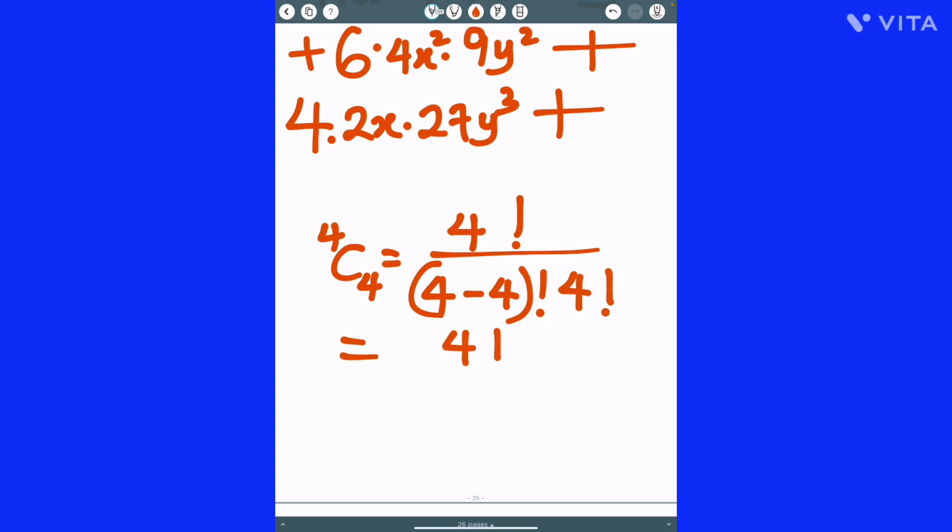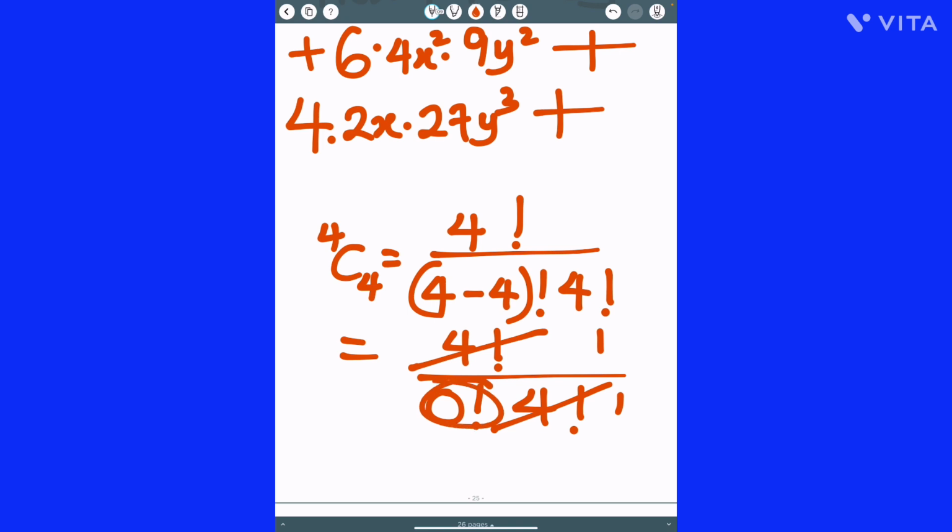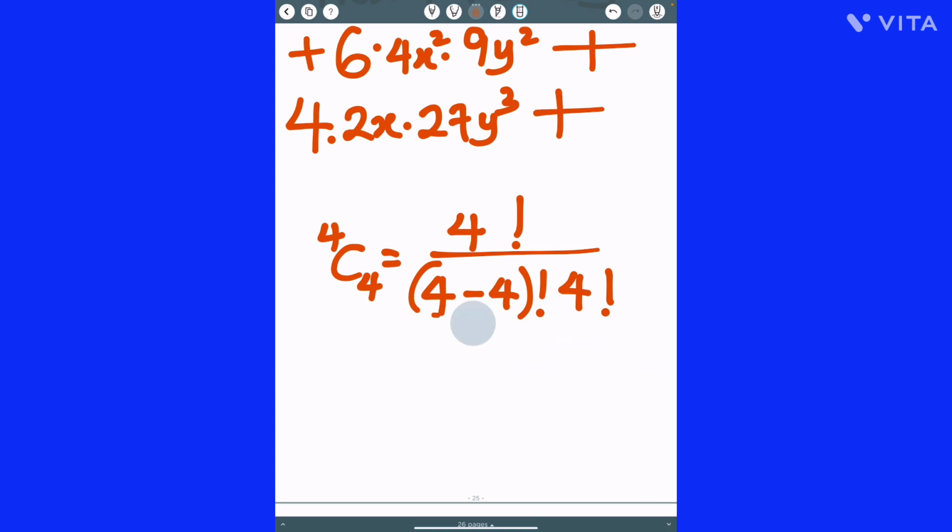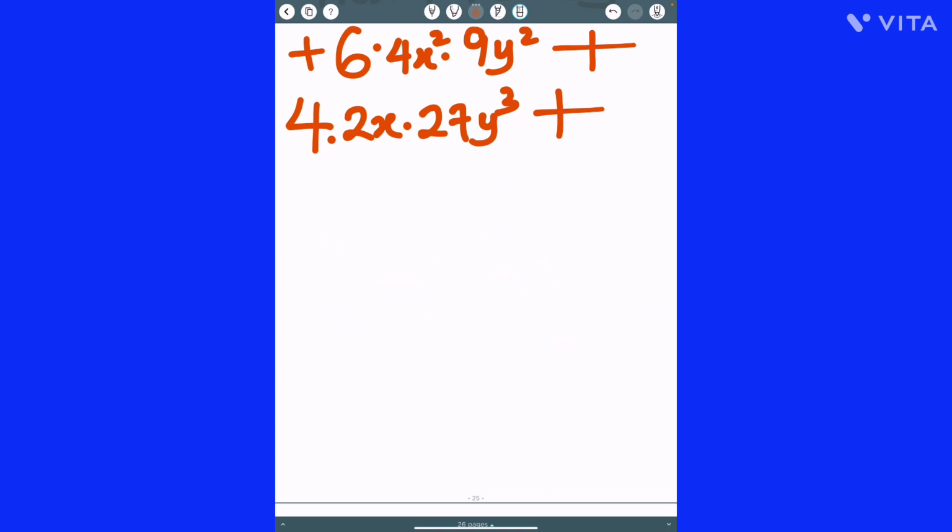That's 4 factorial, that's 4 factorial. 4 minus 4 here is 0. With the factorial outside, I get 0 factorial times 4 factorial. This cancels this. So I have 1 over 1. 0 factorial is 1. So 1 over 1 times 1 will give me 1. So the coefficient of my fifth term is 1.